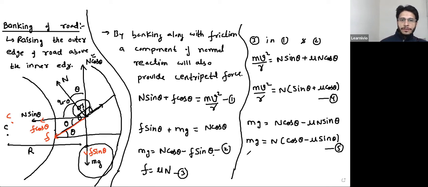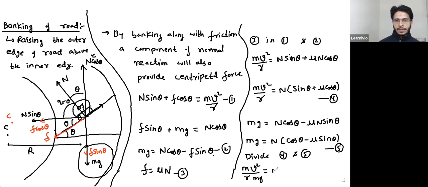So you can divide 4 and 5. When we divide 4 and 5, we will get mv square by r into mg is N sine theta plus mu cos theta divided by N cos theta minus mu sine theta.